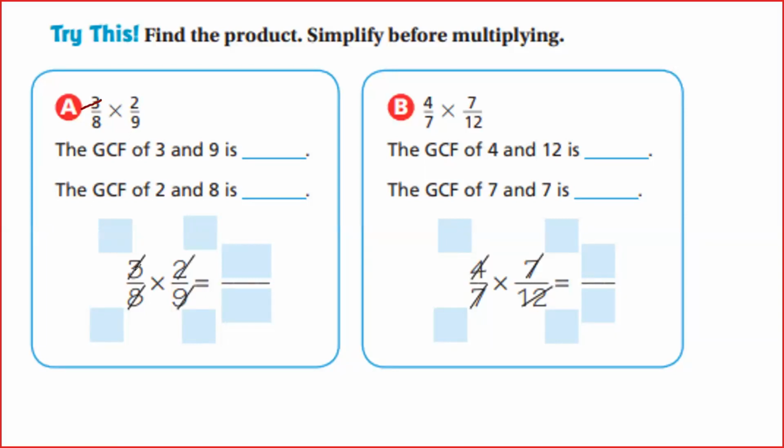So 3 divided by 3 is 1. 9 divided by 3 is 3. Thank you, Jana. Then 2 and 8. What is the common factor that can be divided by 2 and 8?